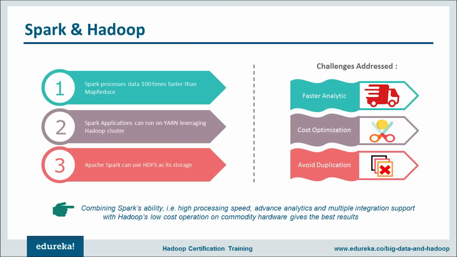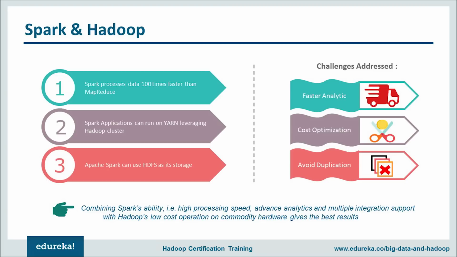The third point is that Apache Spark can use HDFS as storage, so you don't need a different storage space for Apache Spark. It can operate on HDFS itself, so you don't have to copy the same file again if you want to process it with Spark, and hence you can avoid duplication of files. Hadoop forms a very strong foundation for any future big data initiatives, and Spark is one of those big data initiatives.